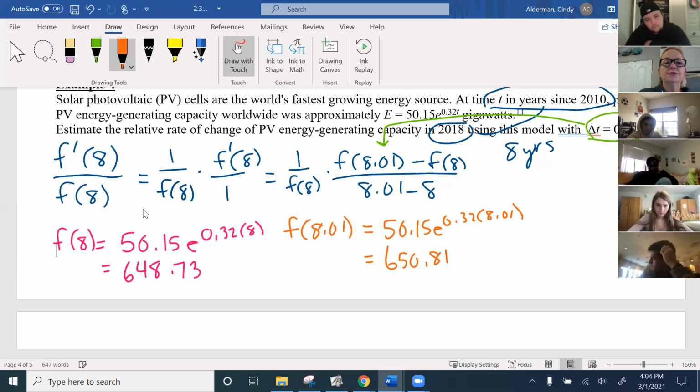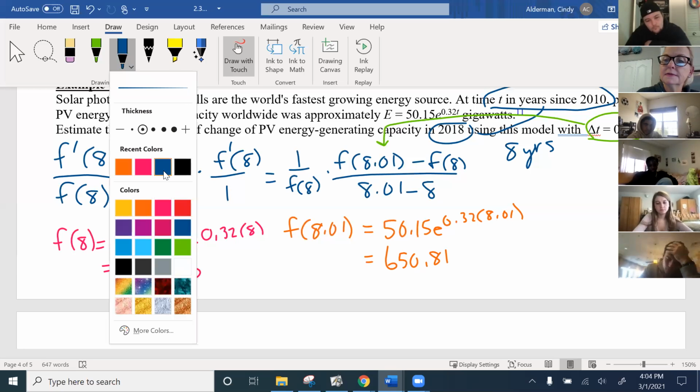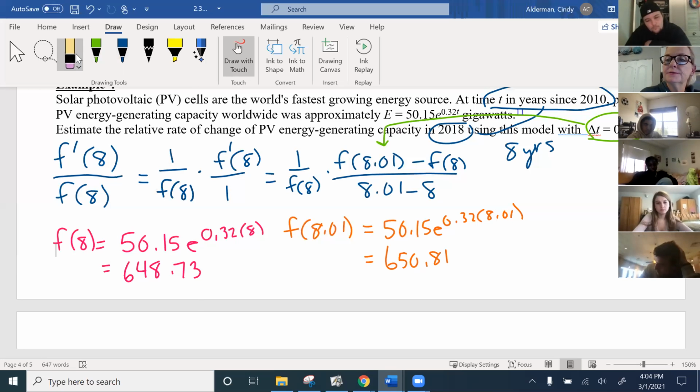So now all you have to do is put it in your calculator. Let's finish over here. Let me erase this though.